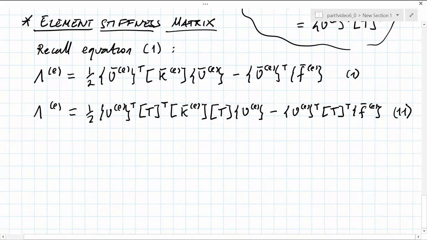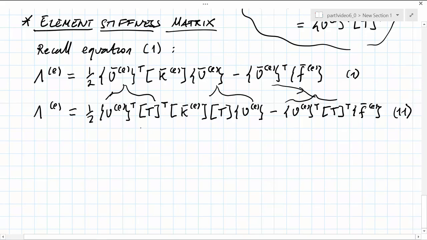We can then compare the terms in this and clearly see from what we've just said that U bar E transpose is given by this, and U bar E is given by this, and similarly we have the same here.